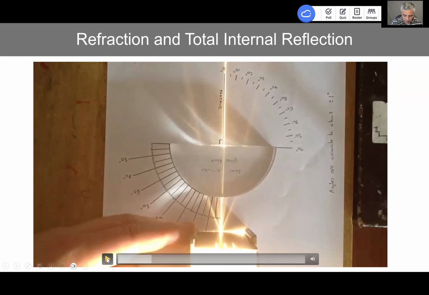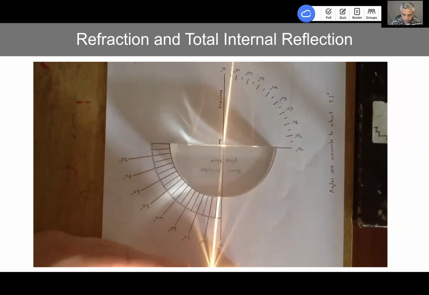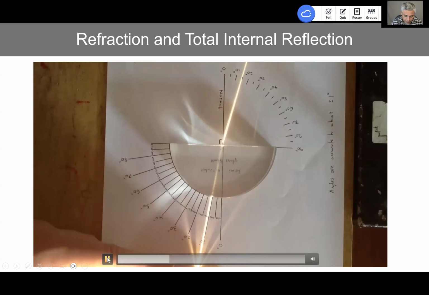So this light is going to be shining from a different direction, and notice how this one gets out from this glass. Pay attention to this part. So this is an example of refraction. It's getting out from this glass block.